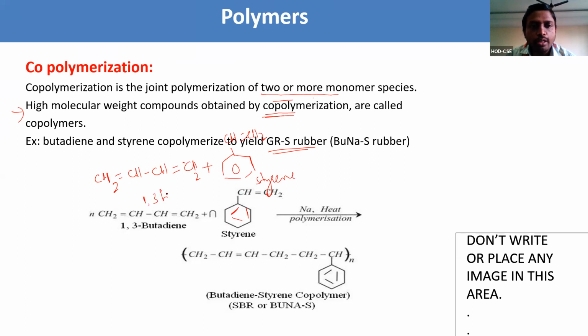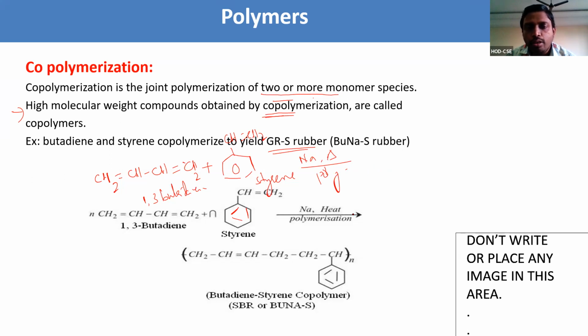1,3 butadiene reacts with styrene in the presence of sodium metal with heating. On polymerization it produces a butadiene styrene copolymer.